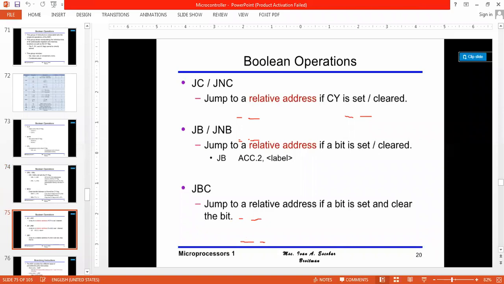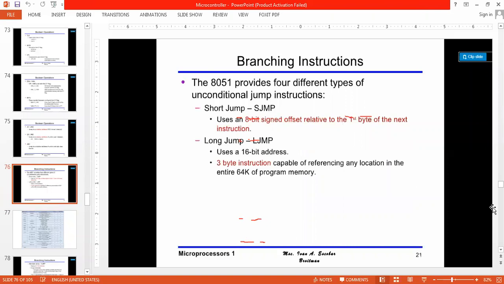JC, JNC. So they are same as we have already discussed. Then we'll move to jump instructions, branching instructions, which are basically used for jumping from one memory location to another memory location.